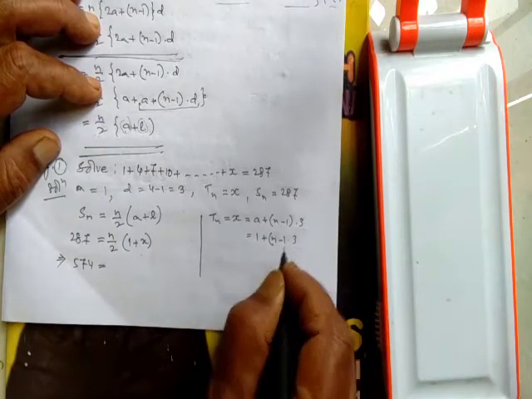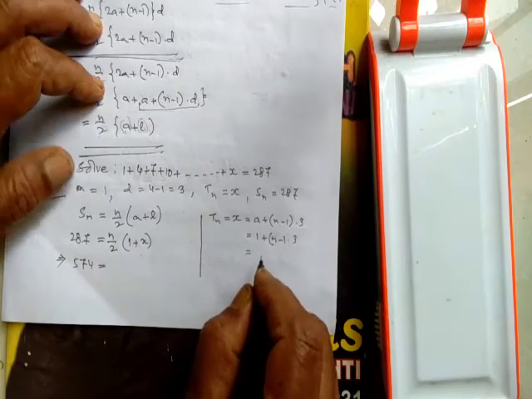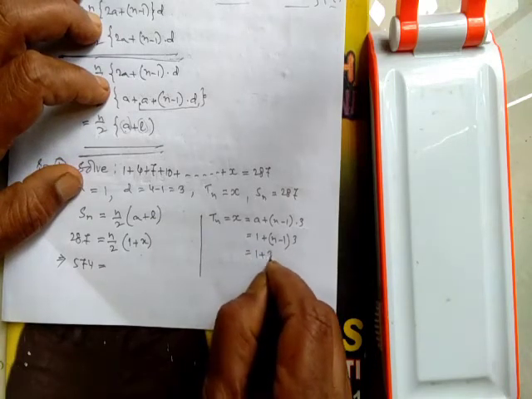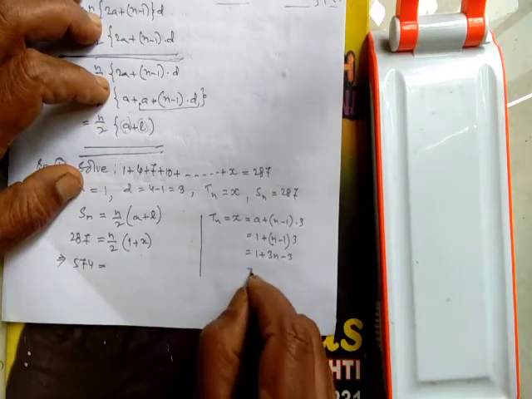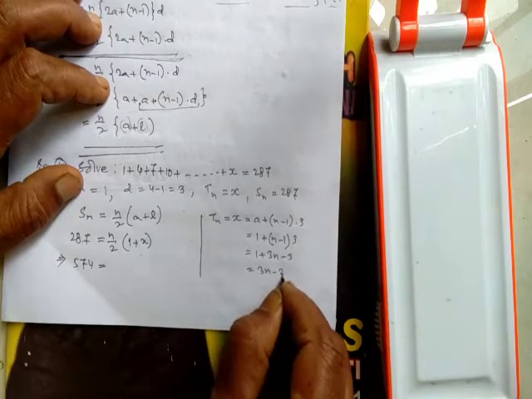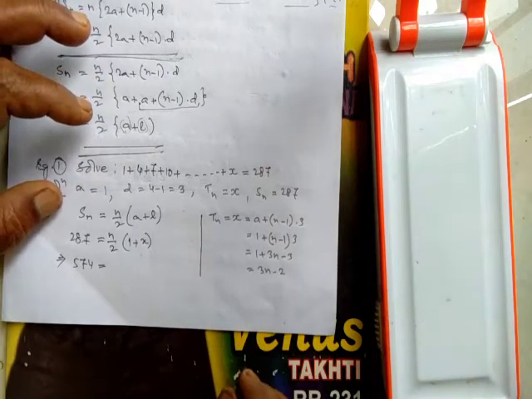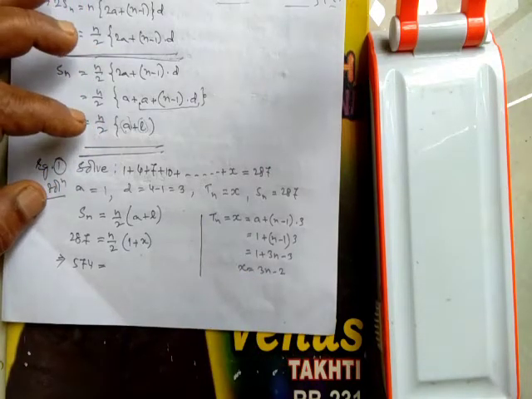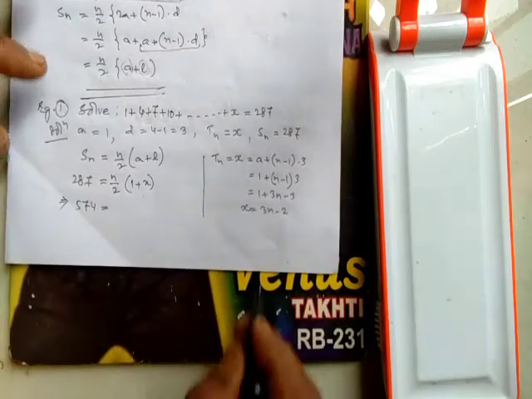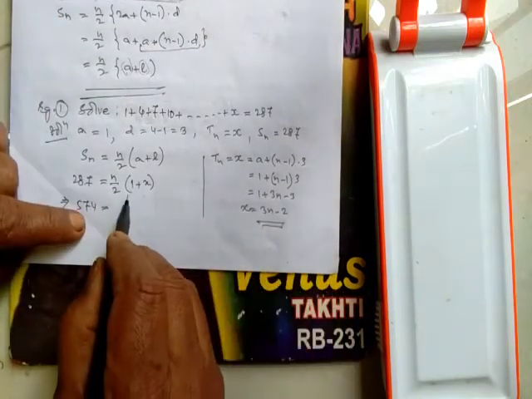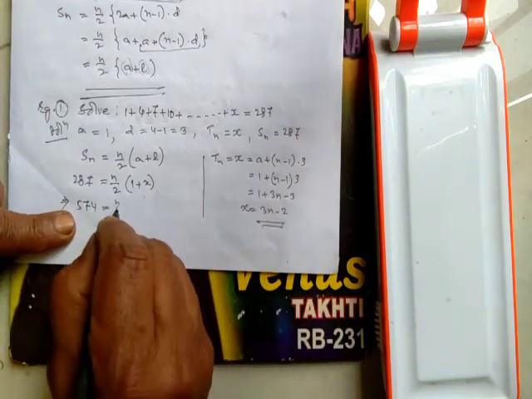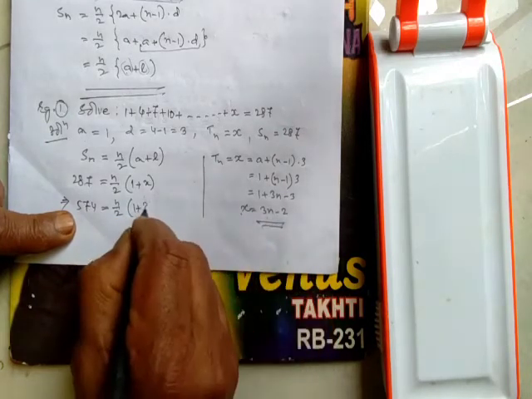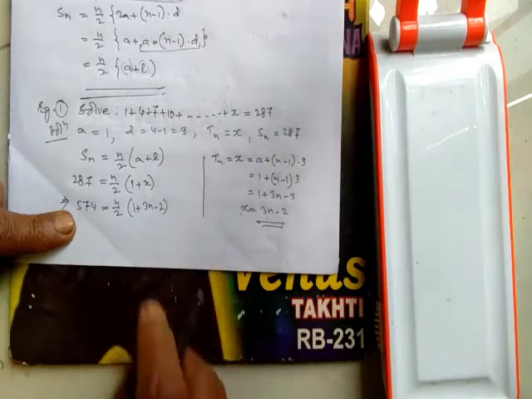This is equal to 1 plus 3n minus 3, which is 3n minus 2. x is equal to 3n minus 2, I am getting. So this value I am going to put here: n by 2 into (1 plus x), where x is 3n minus 2.